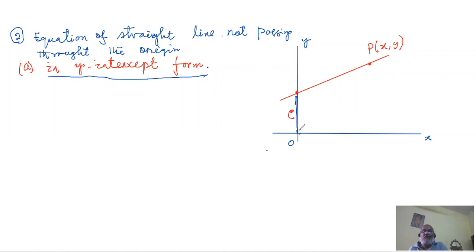From the origin, you take the point where the line cuts the y-axis and the distance is C. So C is y-intercept. And our equation will be containing C because our heading is Y-intercept form. That's a very, very popular form of the equation.